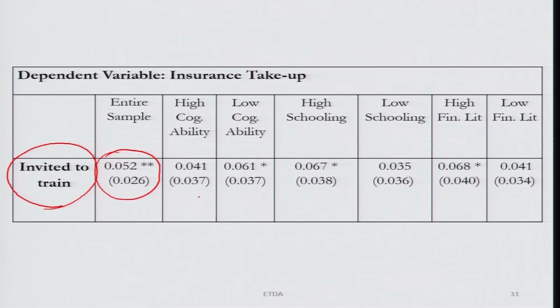But when you divide the sample by high cognitive ability and low cognitive ability in the baseline, this is even before the experiment started, what you find is that people with low cognitive ability actually are the ones who gain much more than the people with high cognitive ability.